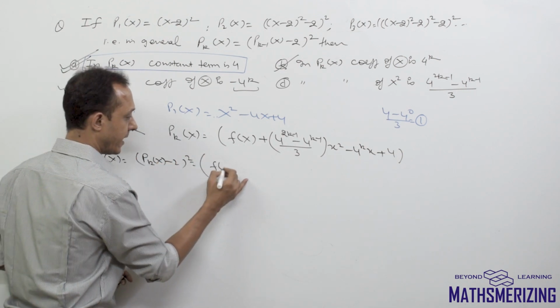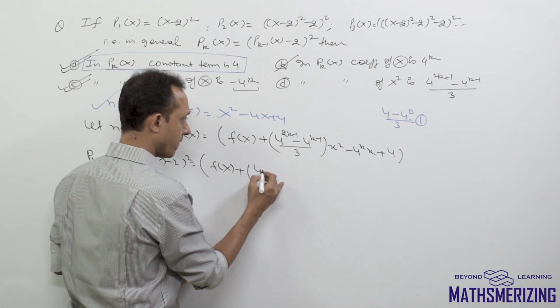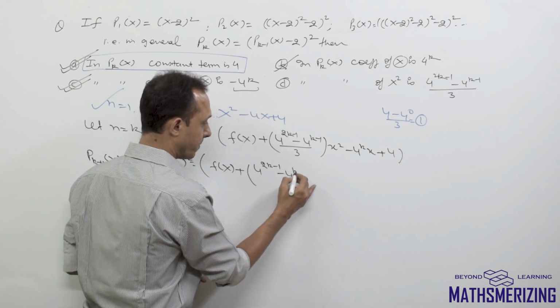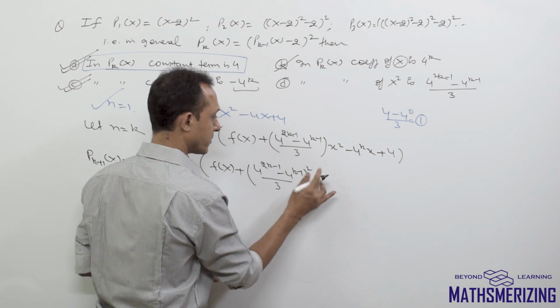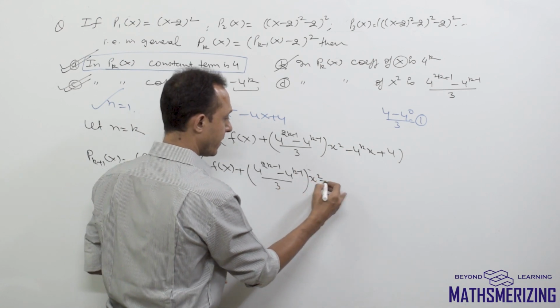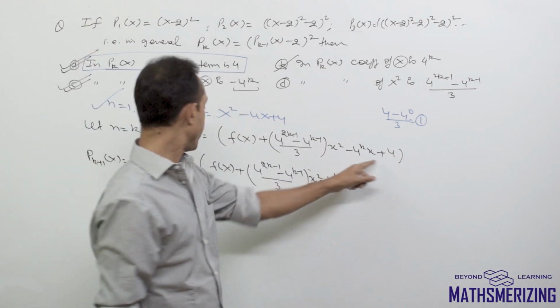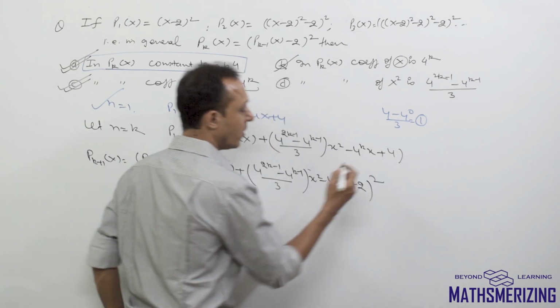So there will be f(x), and then it will be (4^(2k-1) minus 4^(k-1)) upon 3 into x square, then minus 4^k x, and then plus 4, and then minus 2. So there will be plus 2 and whole square.